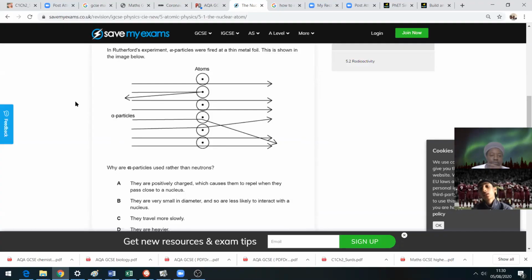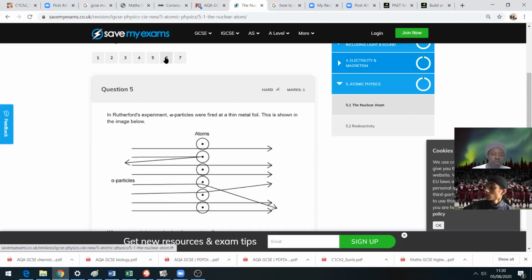Is it A? A, absolutely. They'd use neutrons. How would they not know what the charge of a nucleus is? All right, good.